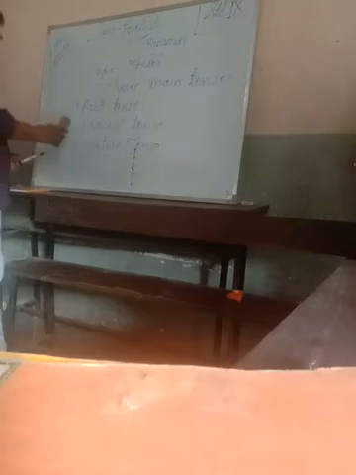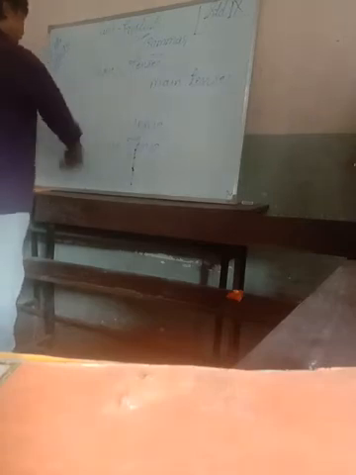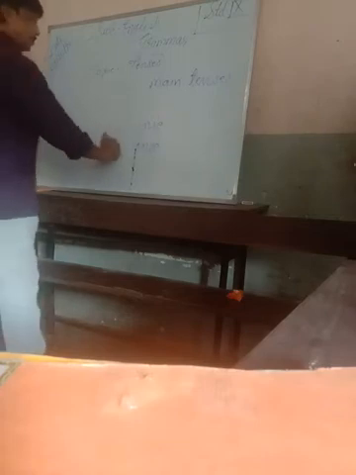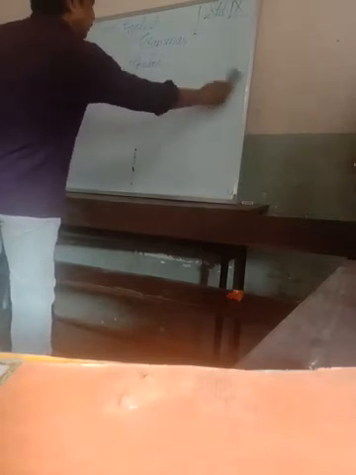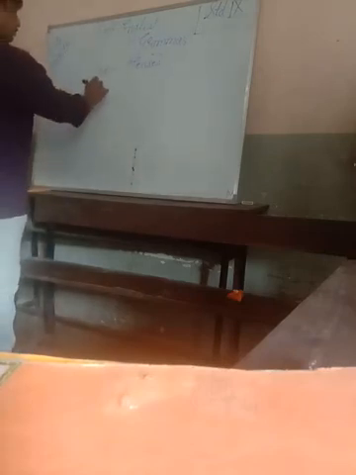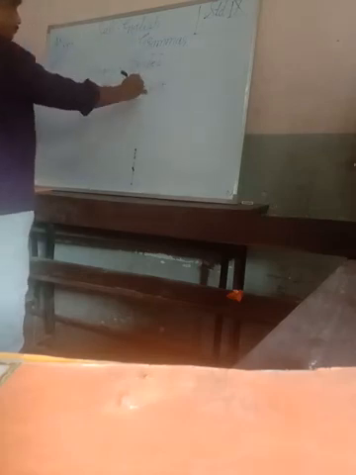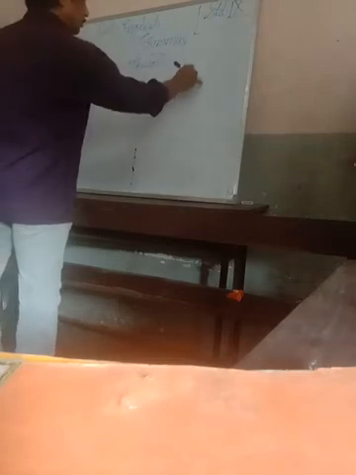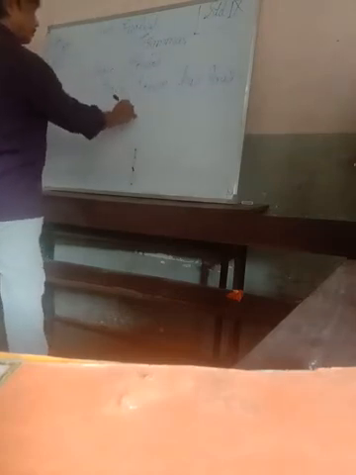Now we are going to see their kinds, because each tense has four kinds, and we are going to learn these tenses one by one. Each tense has four kinds.